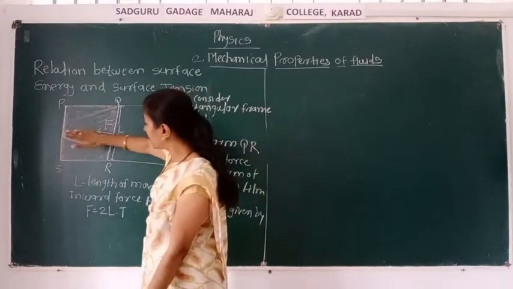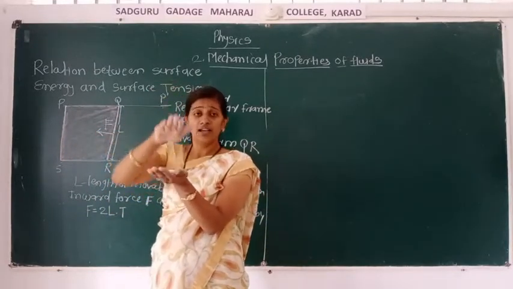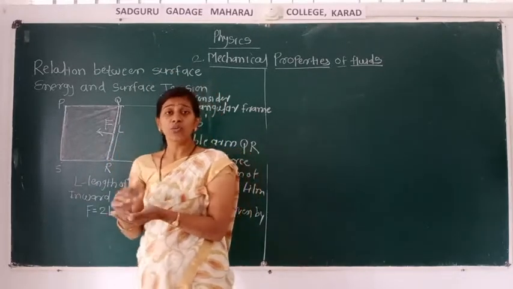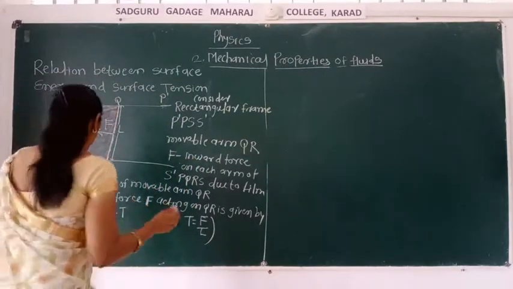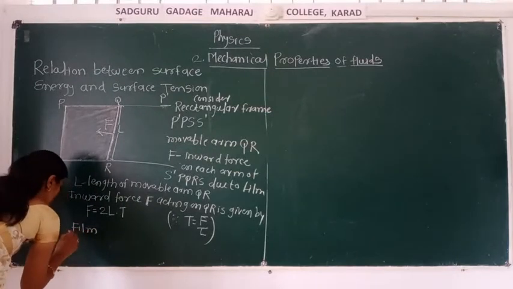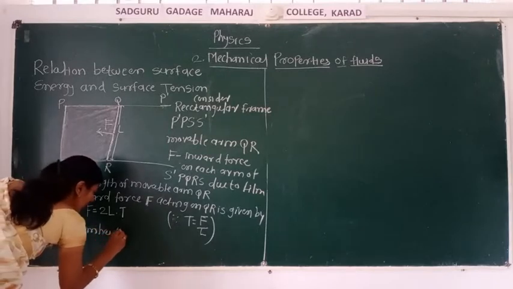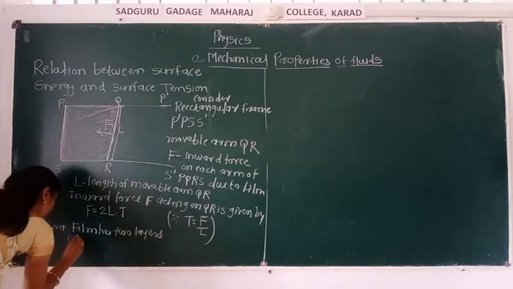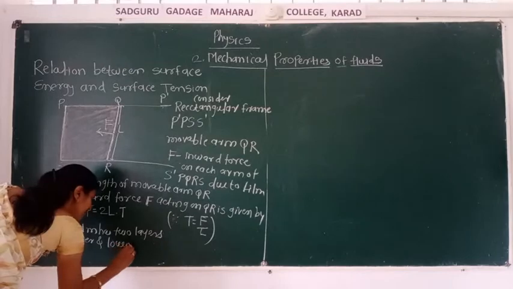If we are holding it horizontally, the upside layer is the upper layer and the downside layer is the lower layer. Here we can write why 2L is there: the film has two layers, the upper and lower layer.